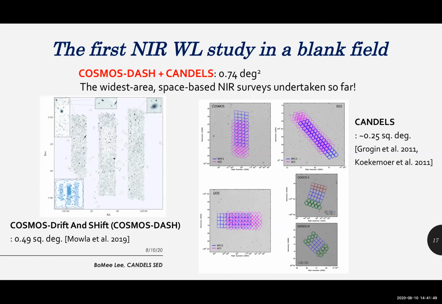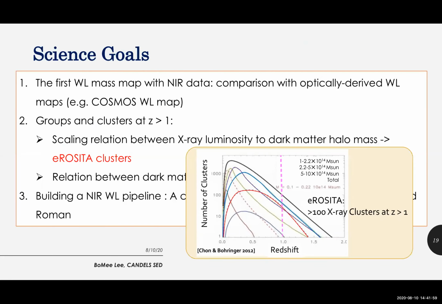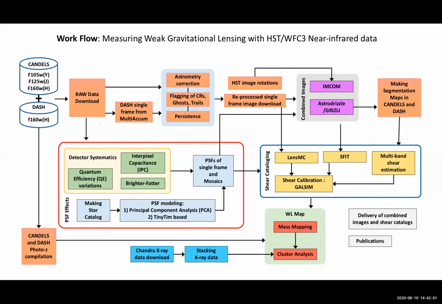For that, we really need a good PSF for the point source. So this is actually our workflow. It's really complicated, so you don't need to understand everything. You can see that one of our main pieces of work is about the PSF and the detector systematics, so it's really intense work.